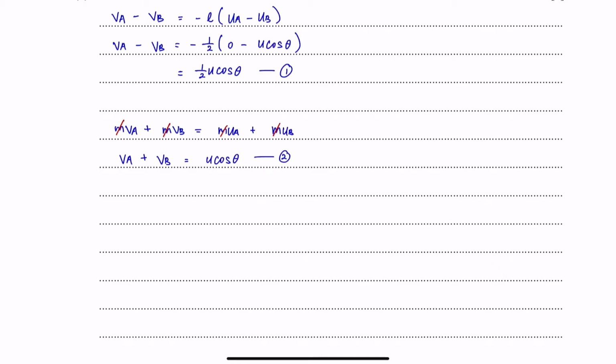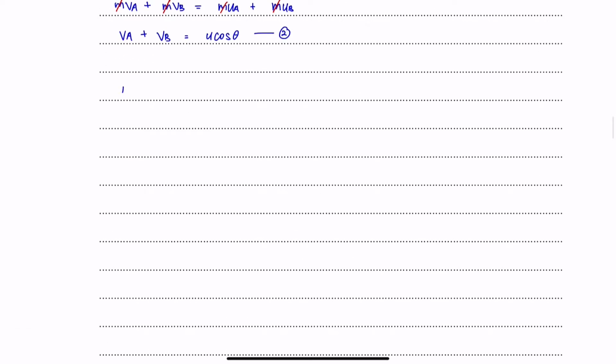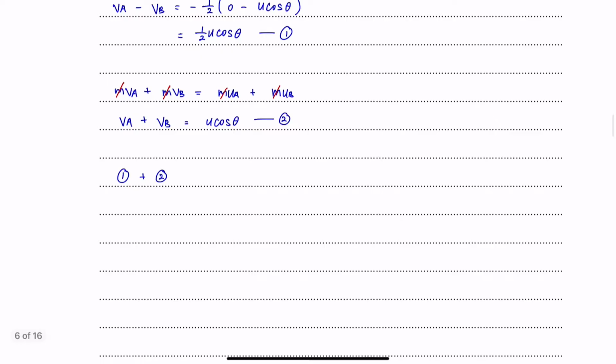This would be the second equation. So the first equation plus the second equation, we would get 2VA equals 3 over 2 U cos theta. And VA is 3 over 4 U cos theta.